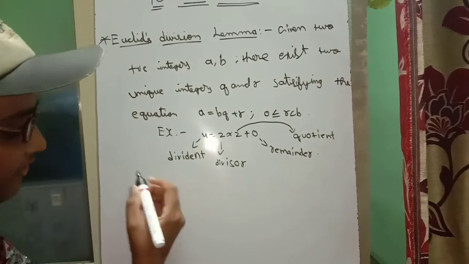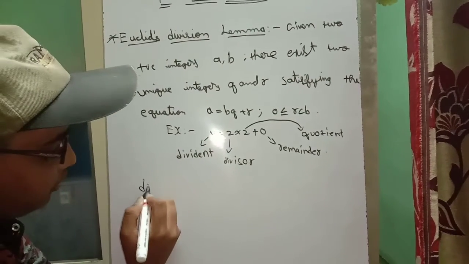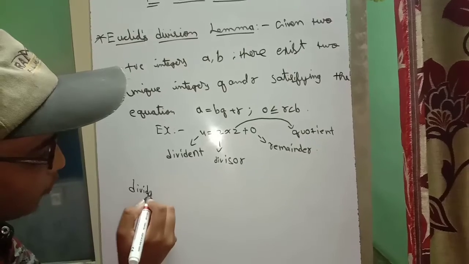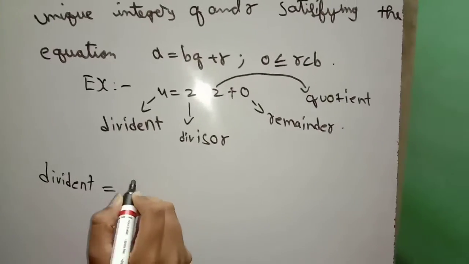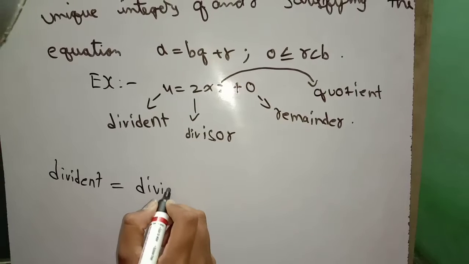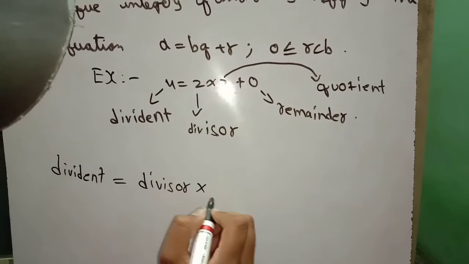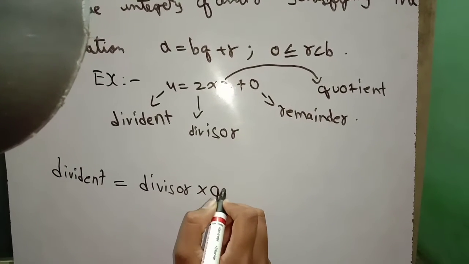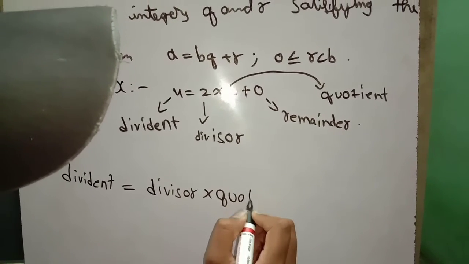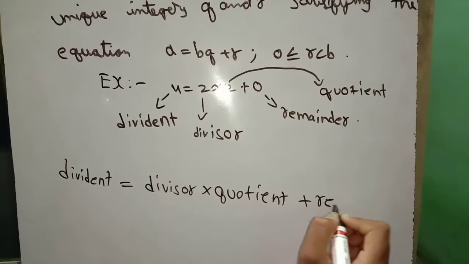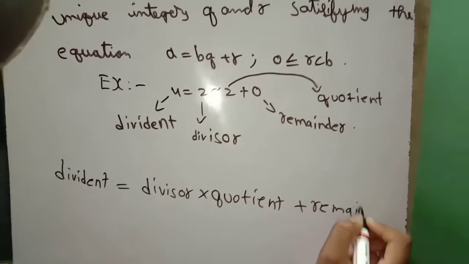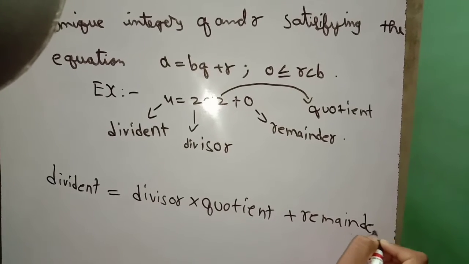The final formula is dividend is equal to divisor into quotient plus remainder. So this is going to be the final answer.